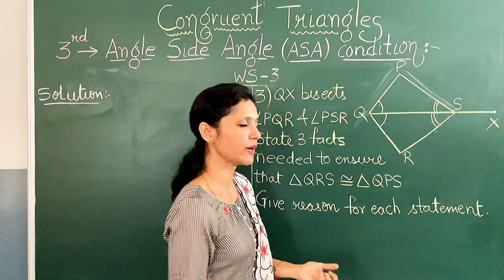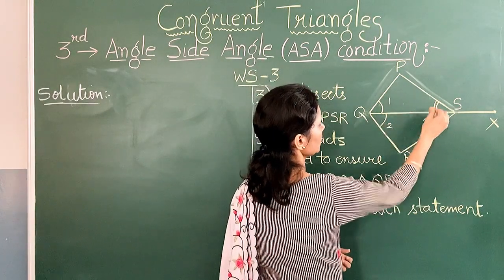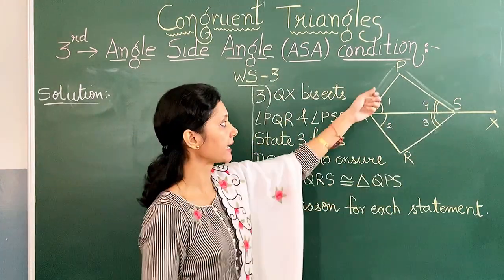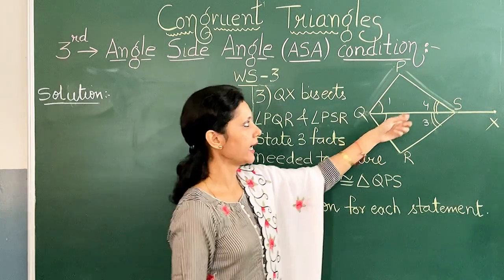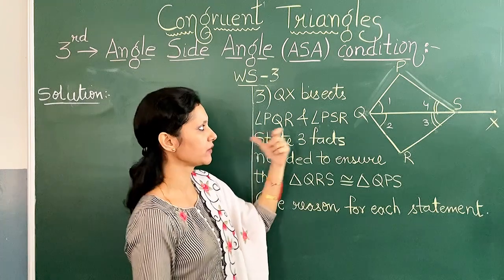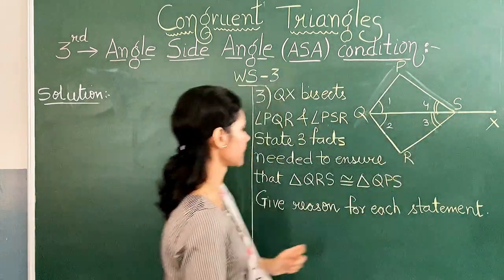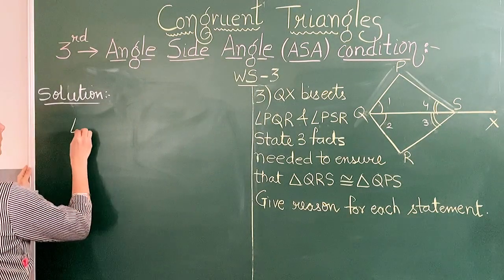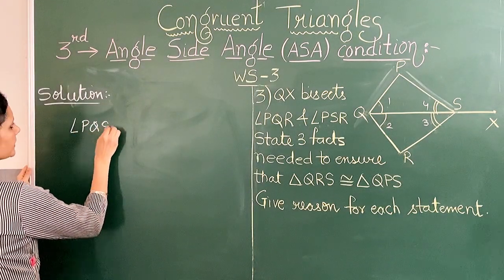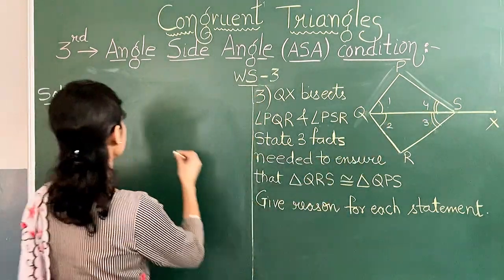Or what you can do, as I told you earlier, you can mark these angles as 1, 2, 3, 4, and you can say angle 1 is equal to angle 2 and angle 3 is equal to angle 4. But I am going to write the complete name of the angle. So what is the name of angle 1? It is PQS. So angle PQS is equal to angle RQS.